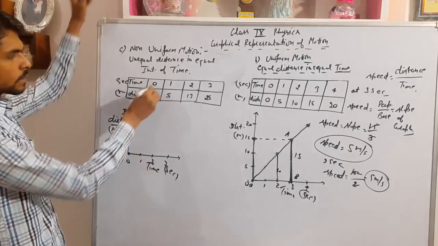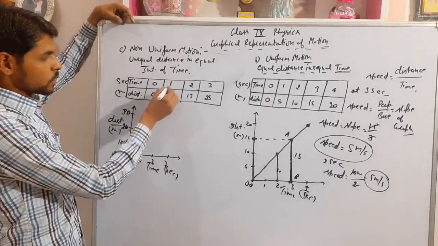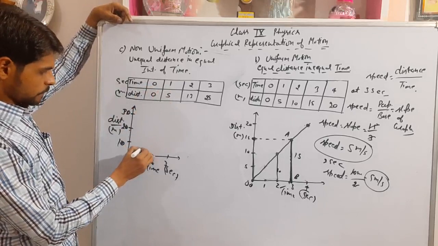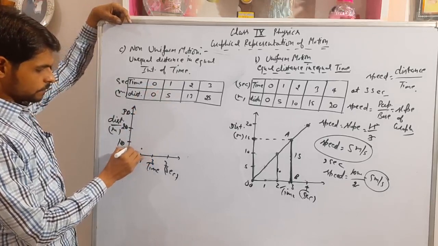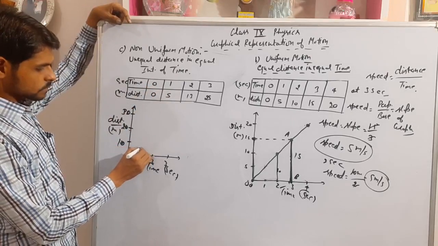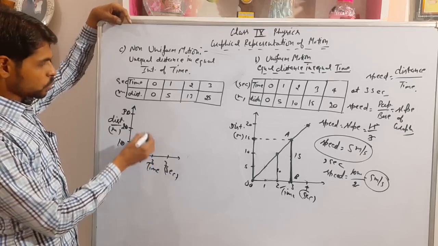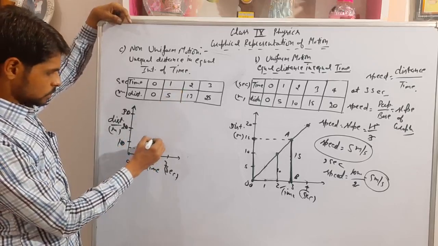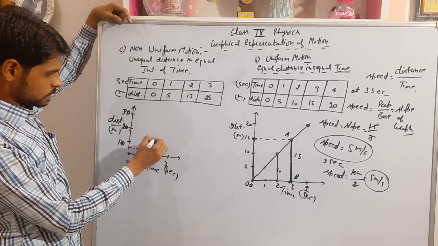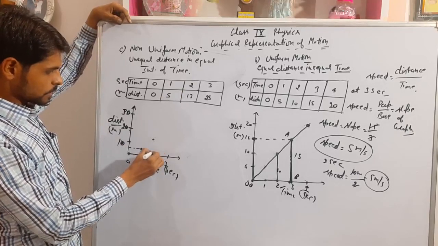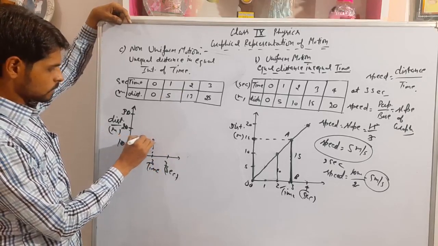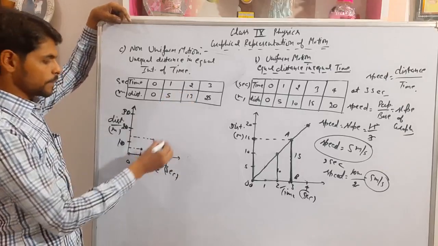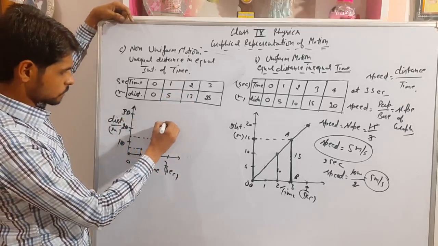So at 0 second it was 0. At 1 second this is 5. At 1 it will come here, half of 10 up to this. Okay. At 2 it is 13, so 13 is above this now. At 2 we took 13. Okay. So at 3 it is 25. 25 is here now.